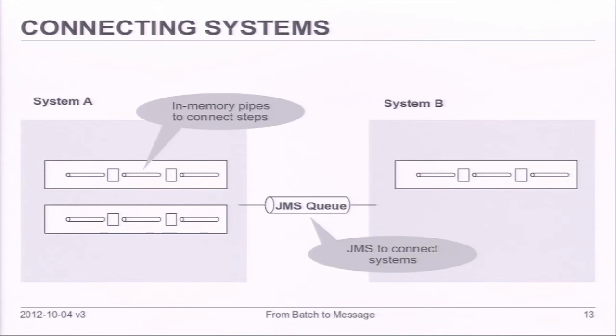And you can take it to another level where you consider the filters to be systems and the pipes to be JMS queues. So basically it's the same pattern, but it's applied at a different architectural level. And that's actually what we want to show here. So you use the same pattern, but you apply it differently.